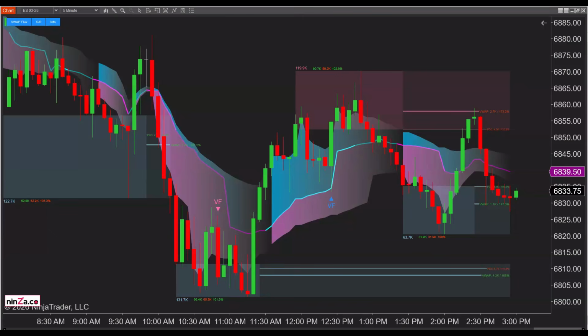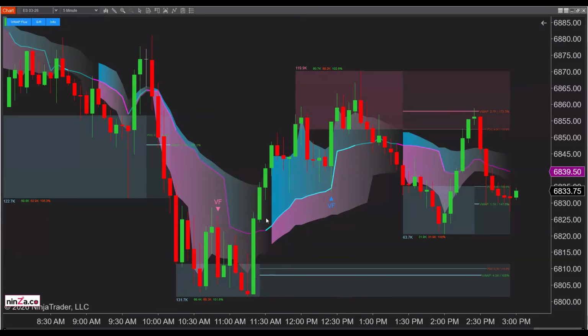Let's see, is it picking out high volume? It is picking up, I guess, volume delta. It is picking up numbers of buyers versus numbers of sellers, and that's how it begins to identify these areas.